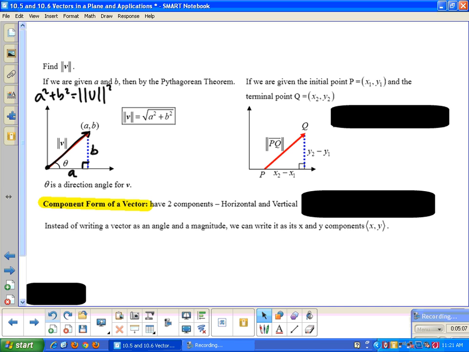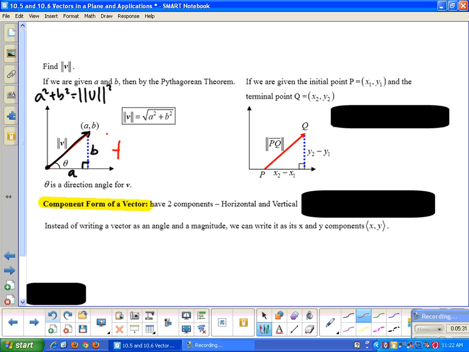If I wanted to find that angle theta, so the direction, think about your right triangle trigonometry. This is really going to be more in the next section, but if I know this is theta and I have, let's say, length A and length B, and I know the length of the vector, I can figure out the angle theta by doing right triangle trig.